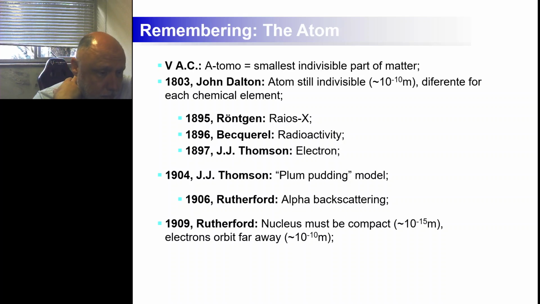The next year, Henri Becquerel found out that there are some atoms that emit something very similar to these X-rays, but we don't need to plug them into a power outlet. They just emit it. And one year later, J.J. Thomson discovered the electron.